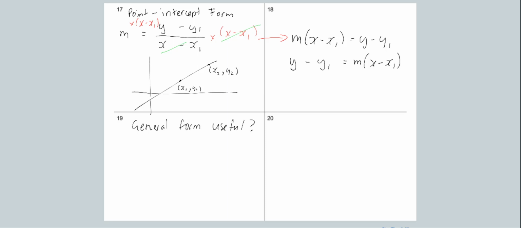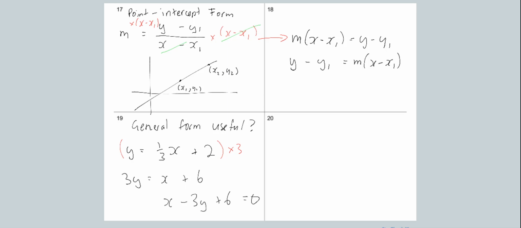If you had something like y equals a third x plus 2, if I multiply everything through by 3, so I'm literally multiplying every single term there by 3, I'd get 3y equals x plus 6, and then I could write that as x minus 3y plus 6 is equal to 0.